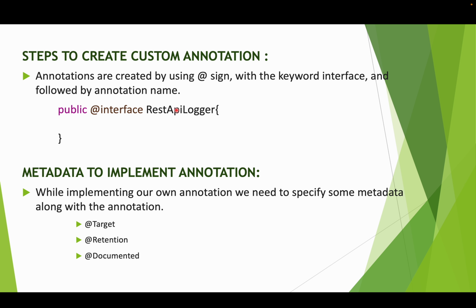It can be anything, maybe enable API logger, enable method logging, or whatever name we want. This @ symbol and this interface keyword are the syntax we need. So: public @interface, then the annotation name.